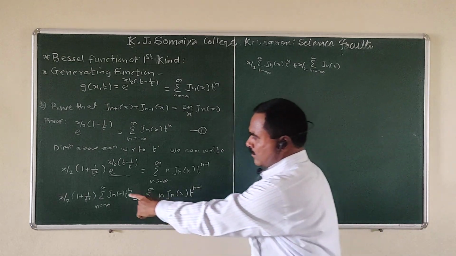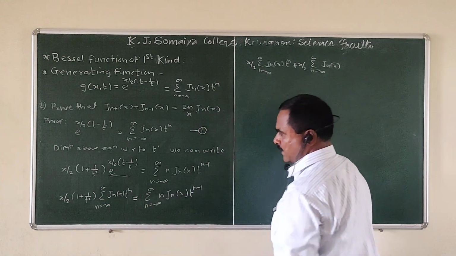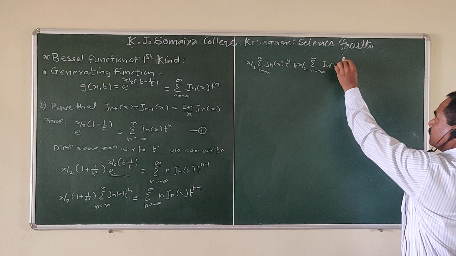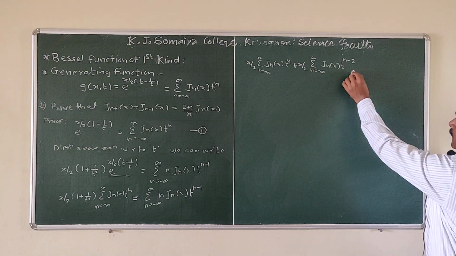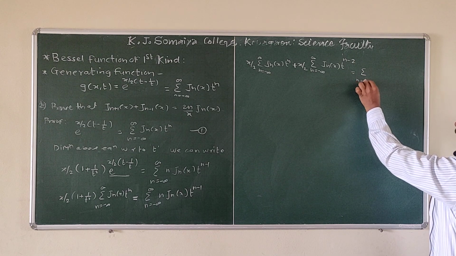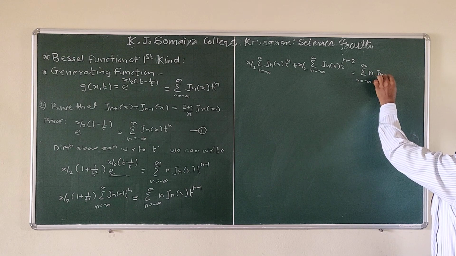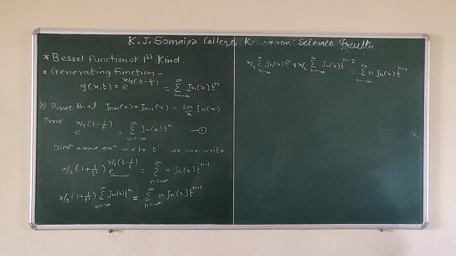So here is 1 upon t square and here power is t raised to n. So write this t raised to n plus n minus 2, t raised to n minus 2, equal to summation n from minus infinity to plus infinity n Jn of x t raised to n minus 1.